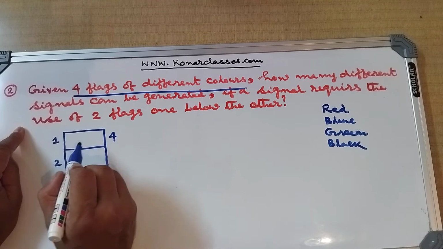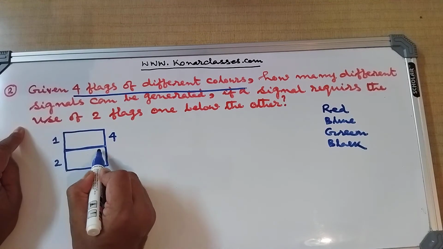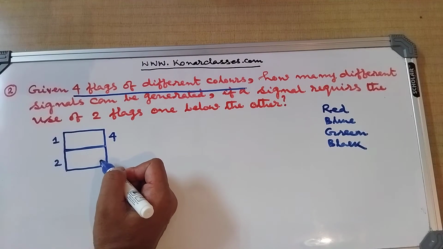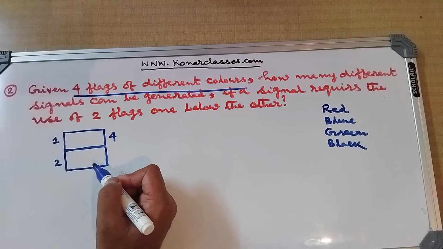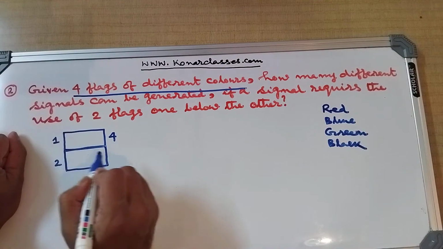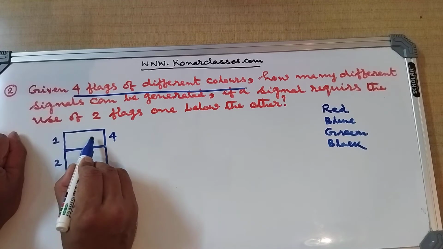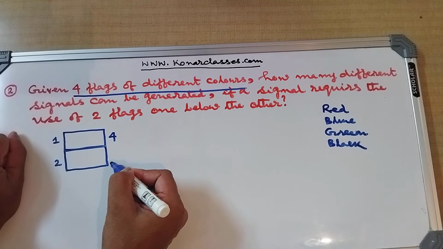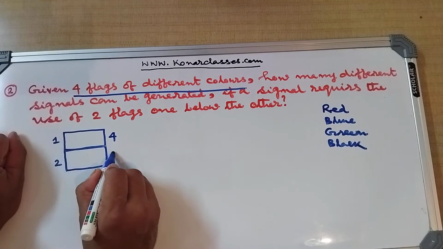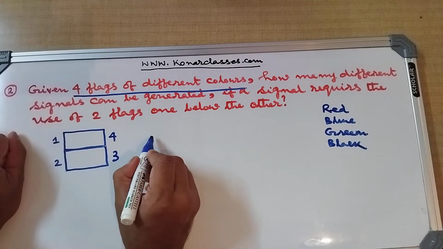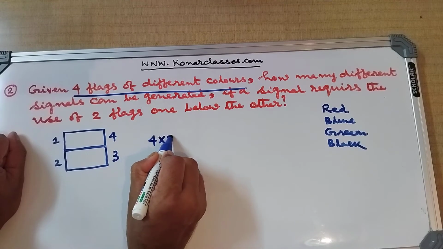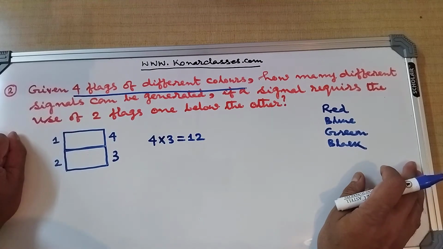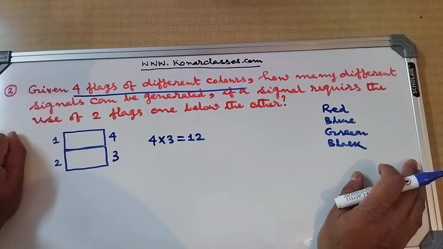Once you choose that upper flag, then the lower flag can be chosen in 3 different ways, because both the flags' colors have to be different. The moment that one is already chosen, that color cannot be used for the second position. So that can be done in 3 different ways. So the number of ways is 4 into 3, that is equal to 12. Here also the principle of multiplication came into the picture.